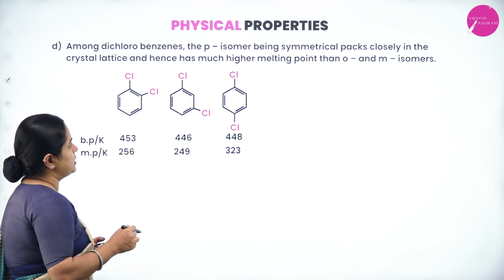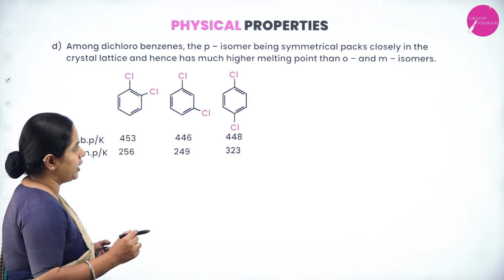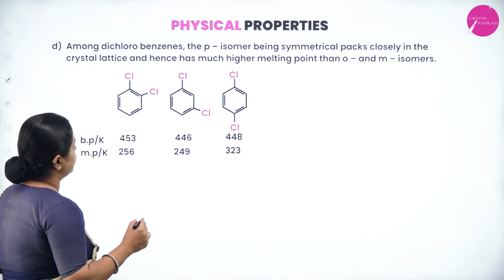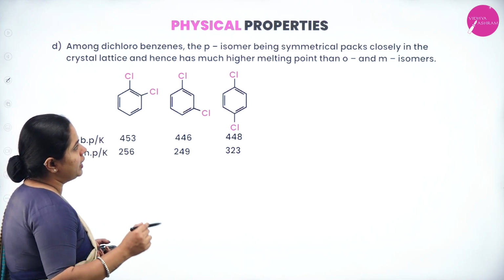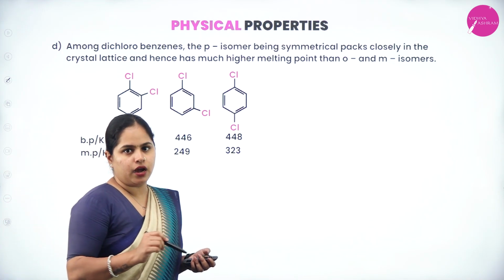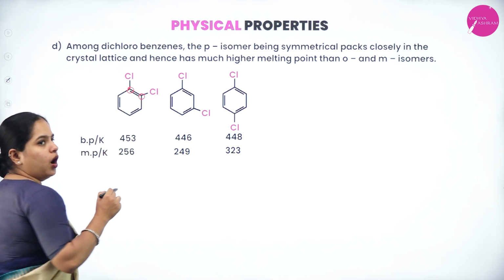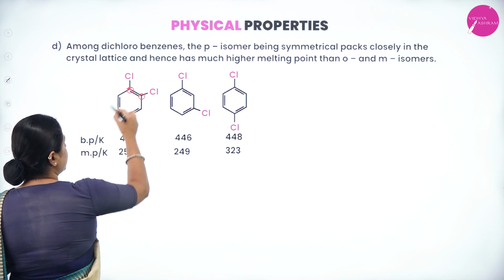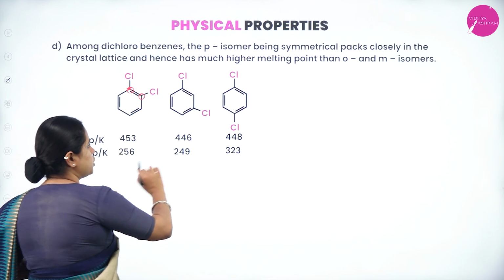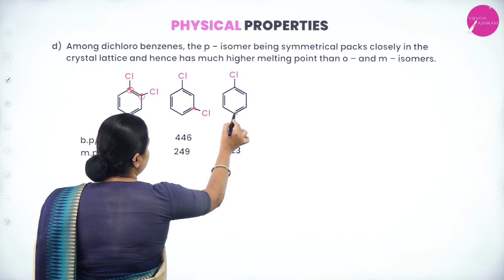Among dichlorobenzenes, the para isomer, being symmetrical, packs closely in the crystal lattice and hence has a higher melting point than ortho and meta isomers. So we have already studied this. This is in ortho position. If you are considering this particular carbon atom, this is its ortho position, this is the meta position and this is the para position.